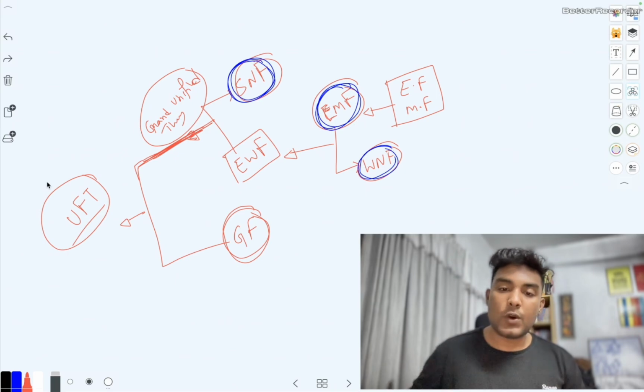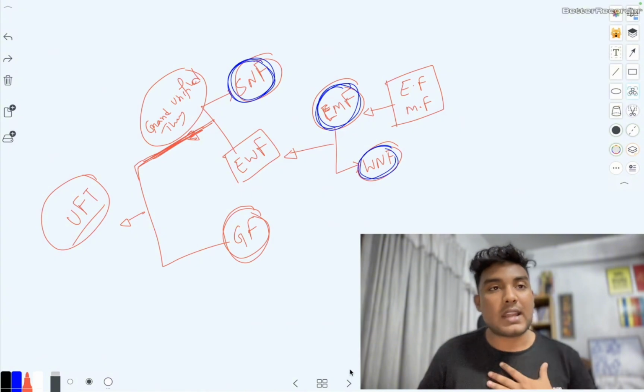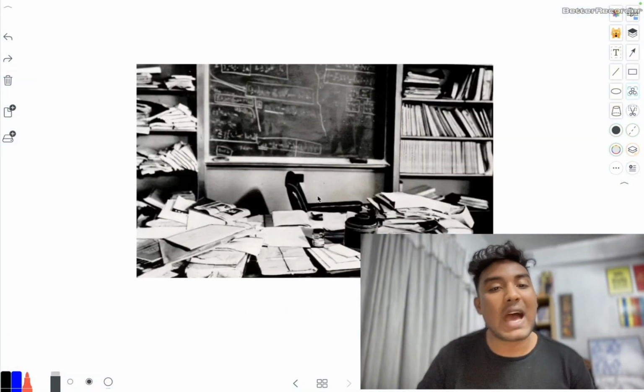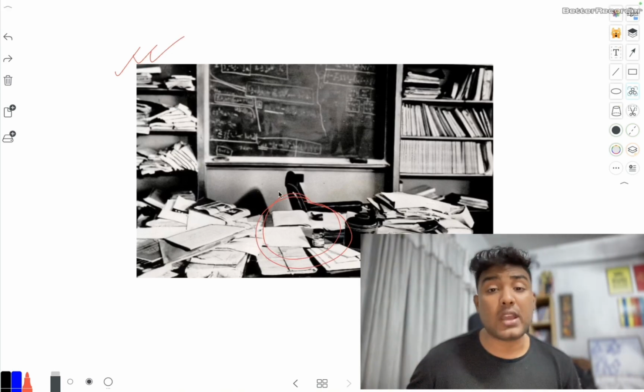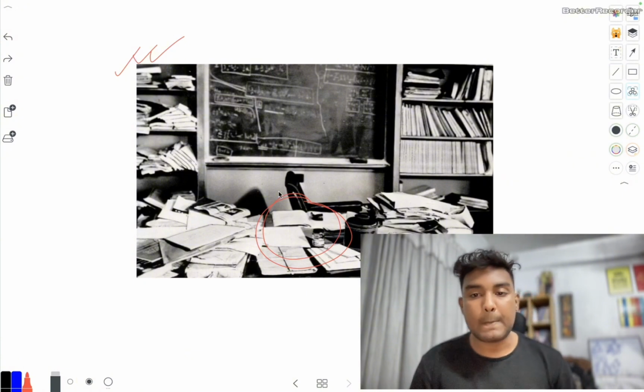Okay, so I would like to present one of the finest things that I have discovered: the desk of Einstein. When Einstein died, this is the desk he left. He was really working on the unified field theory and he never completed the papers.